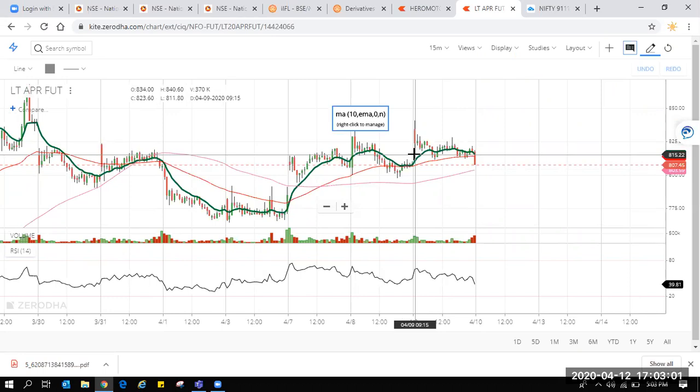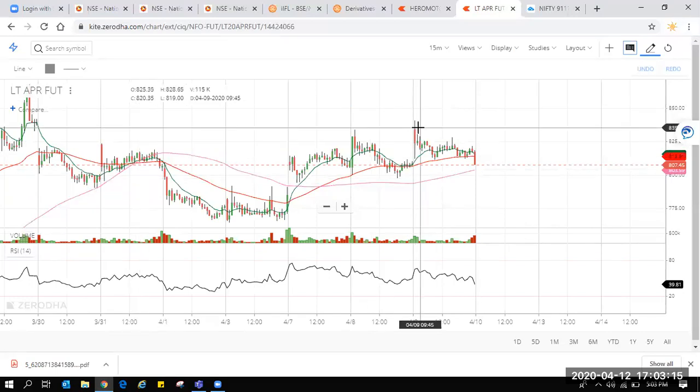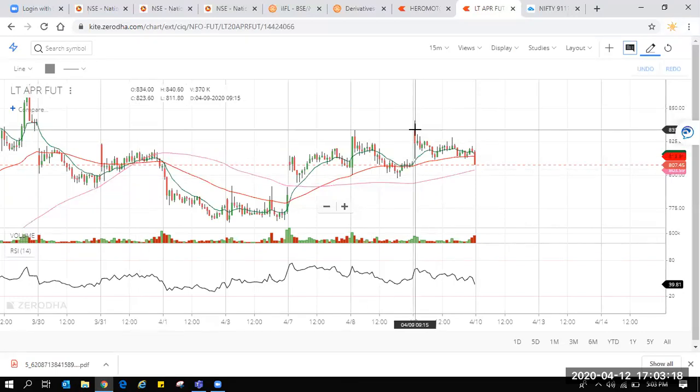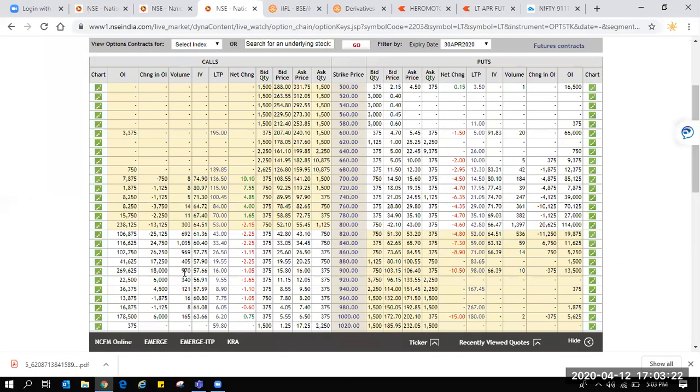It went till 840 in the first. This is a 15-minute chart. So in the first 15 minutes, it has opened at 834, went till 840, but it has retraced back and closed at 823. So similarly, here you can see the second resistance coming at 840 only.